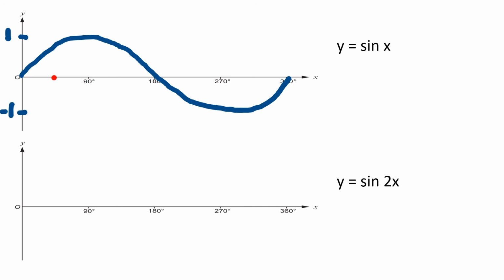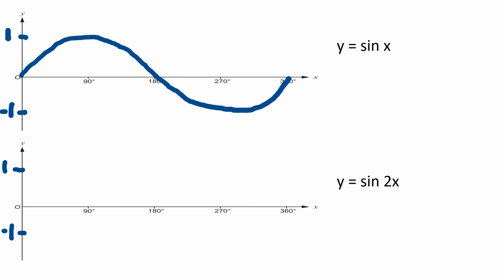Let's consider a different point. If we consider 45, then instead of drawing sine of 45, we draw sine of twice 45. We draw sine of 90 at this x value. So we take this point on the curve here and pull it all the way back there, and that's where we draw it. So the curve looks like it's been squashed by a factor of 2.